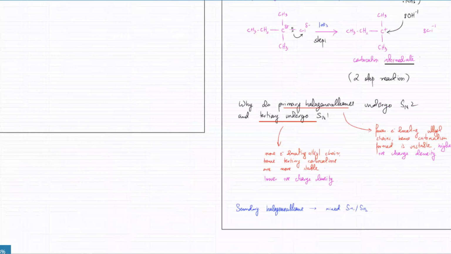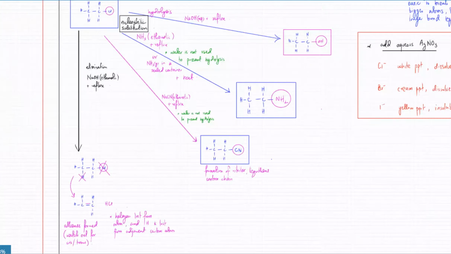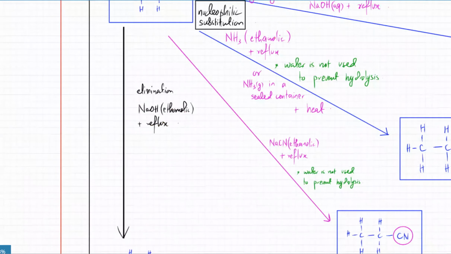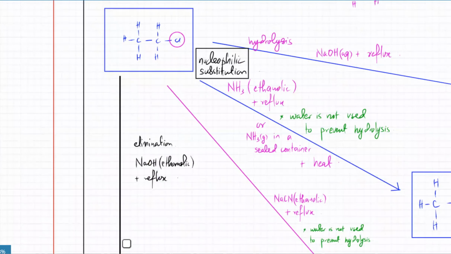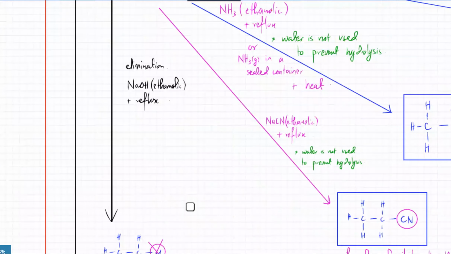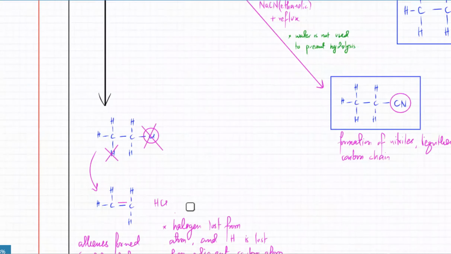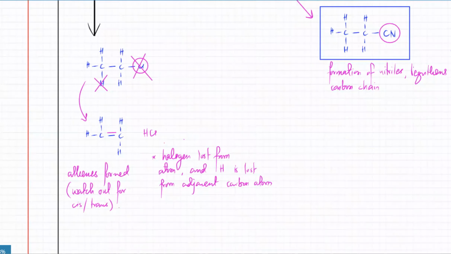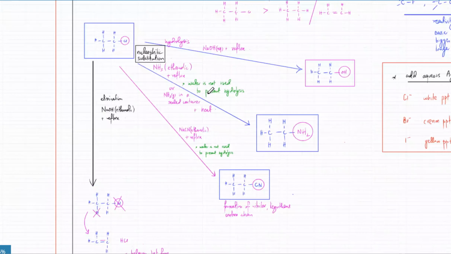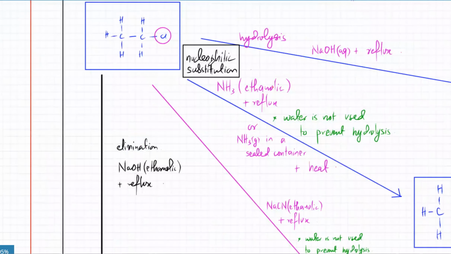अच्छा, what happens when you have NaOH ethanolic? So halogenoalkane, you have NaOH ethanolic. What happens is elimination happens. कि एक जगह से Cl रिमूव हो जाएगा और दूसरी जगह से H रिमूव हो जाएगा. ठीक है, so there's this minor difference, which is that if you use NaOH ethanolic, you get elimination.